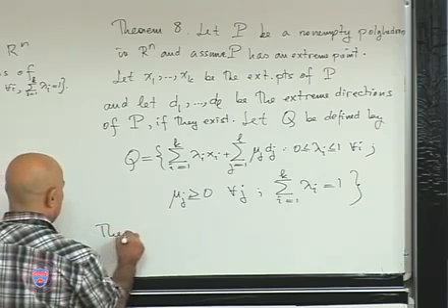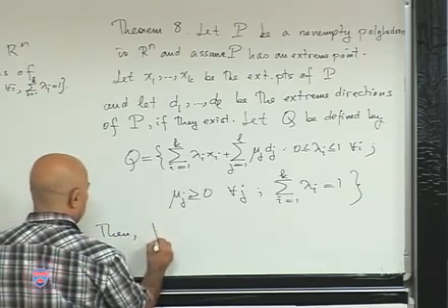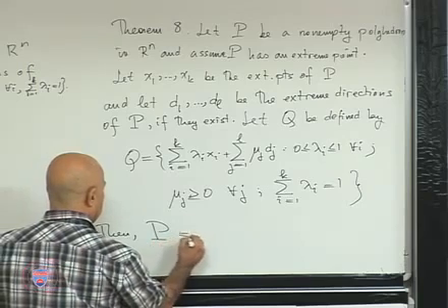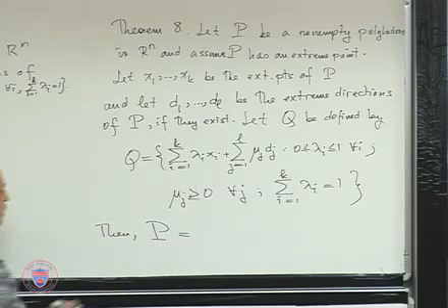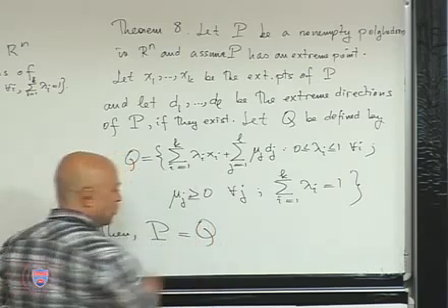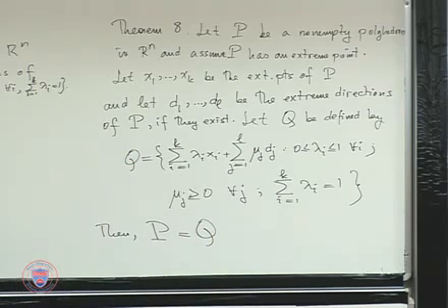And the claim of the theorem is the polyhedral set is the same as Q. Whatever the polyhedral set. The polyhedral set is initially defined by a bunch of linear inequalities and possibly equalities.